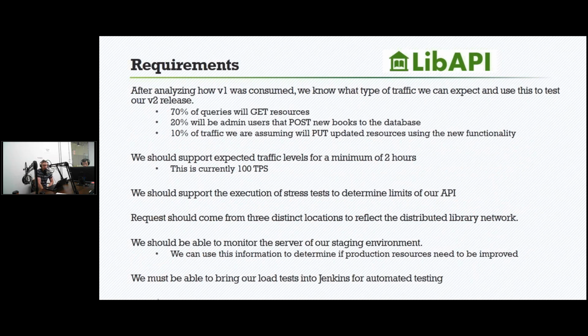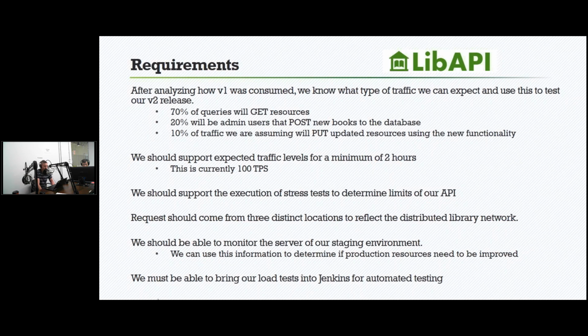After we've done our initial analysis of how version 1 of our API was consumed, we know what type of traffic we can expect, and then we can use this prior knowledge to test our version 2 release. You can see some sample stats here.